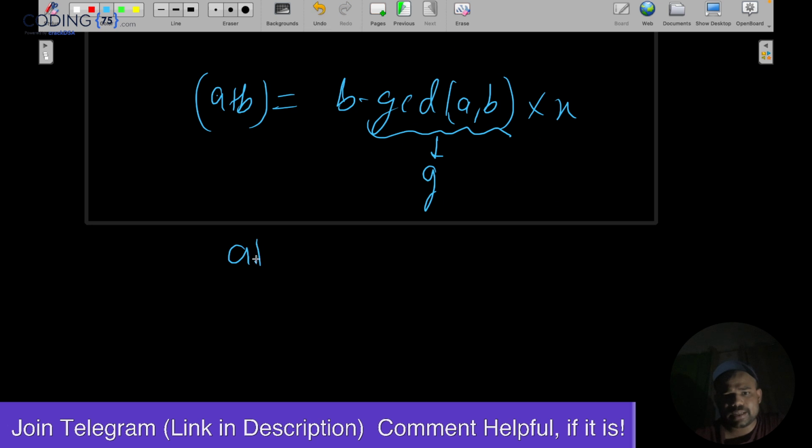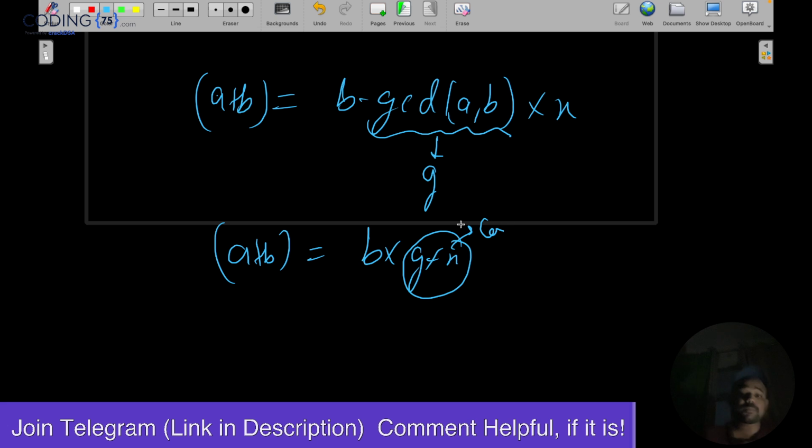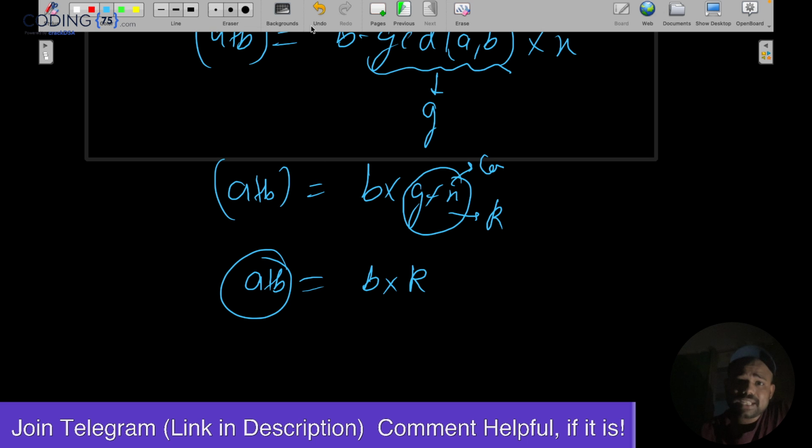So we can write A plus B is equal to B into g into x, and these both are constants. Means the value of A plus B is equal to B into some number, let's say k. This means the value of A plus B is actually a multiple of B.